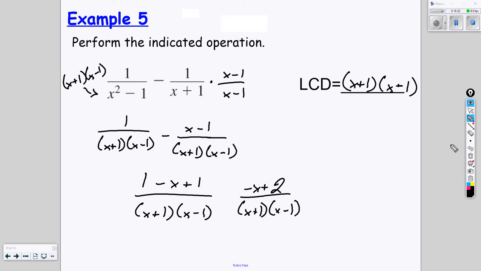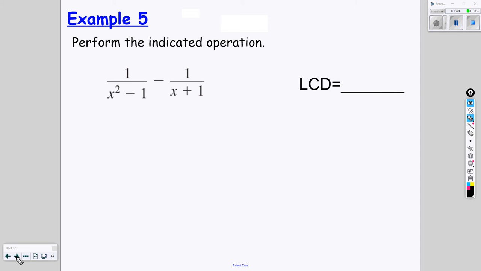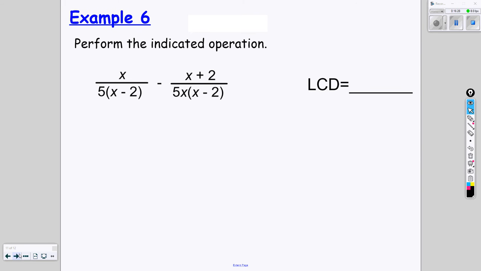All right, moving on to example 6. All right, now this one looks pretty tricky. But once again, to find that LCD, we just got to figure out what one denominator or what both of the denominators are missing. This says 5x times x minus 2. This says 5 times x minus 2.